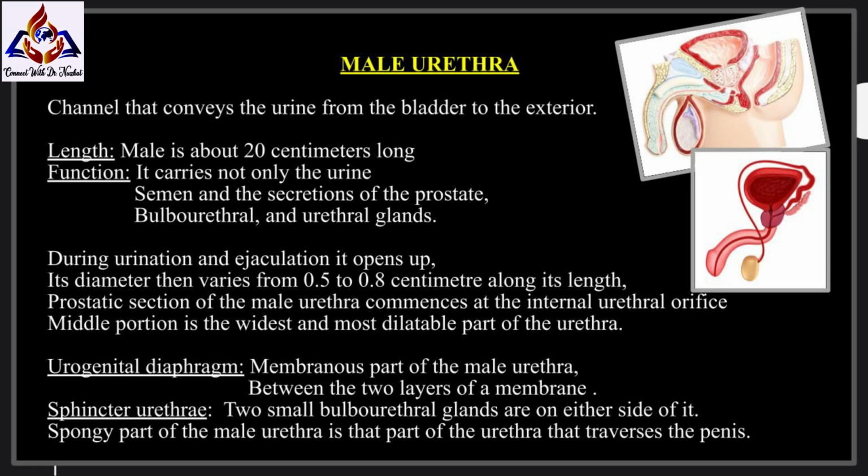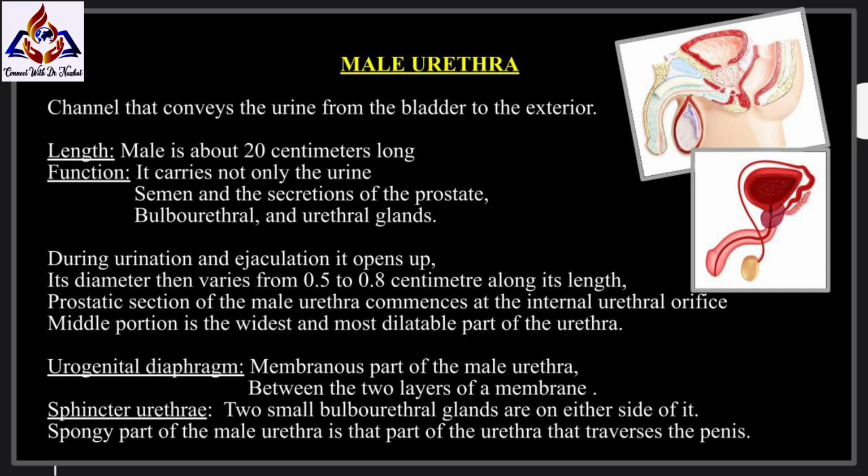The two small bulbourethral glands are on either side of it. The membranous urethra is not attached to the layers of the urogenital diaphragm.